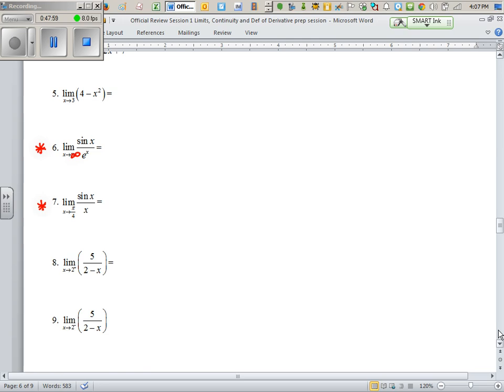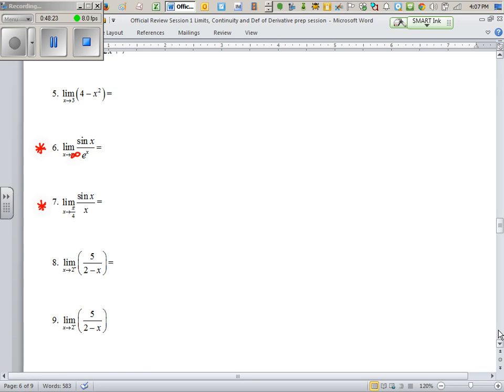So when x is large, sine x isn't large. See the problem? You can't use L'Hopital's rule because the top isn't growing to infinity the way the bottom is. You're only supposed to use it in this infinity over infinity case or 0 over 0 case. So I'm not allowed to use L'Hopital's rule, and yet we know the answer is 0, but there's no way to show your work, and that can be really frustrating to some students.